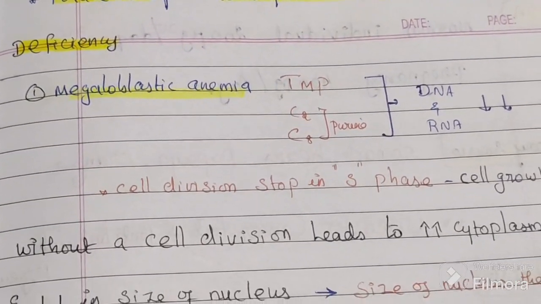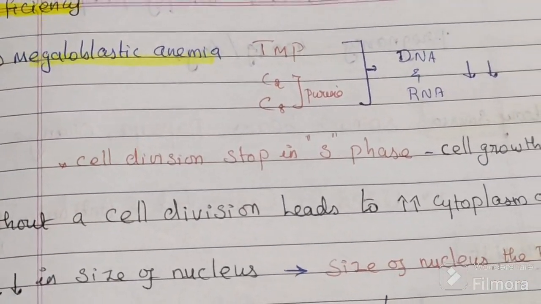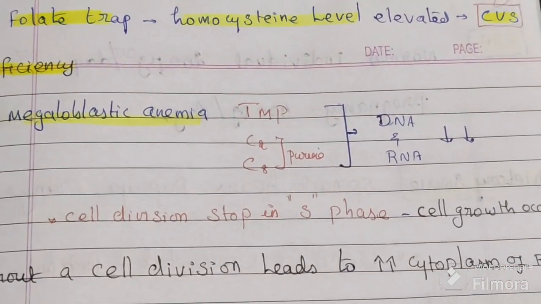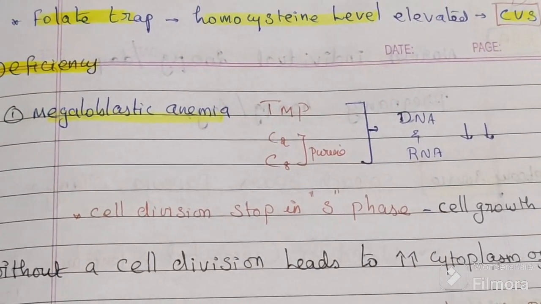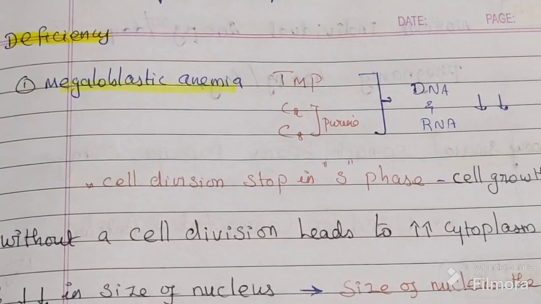Now coming to deficiency manifestations or symptoms. There are three important deficiency manifestations. The first one is megaloblastic anemia.